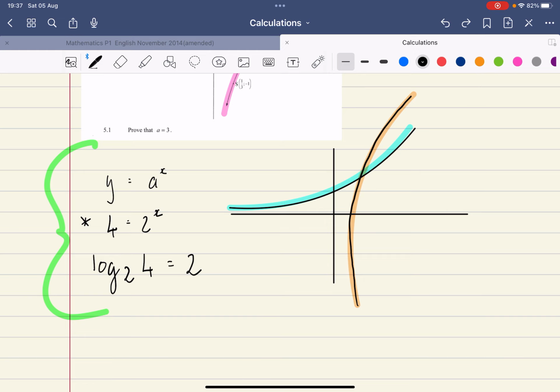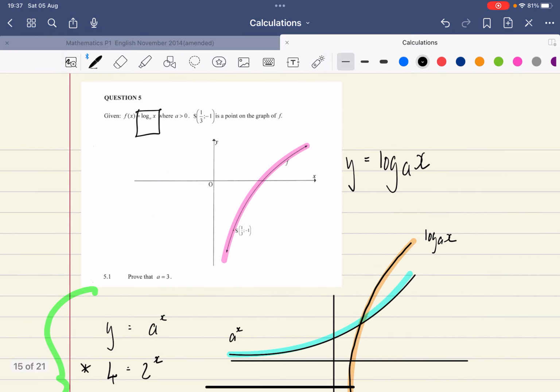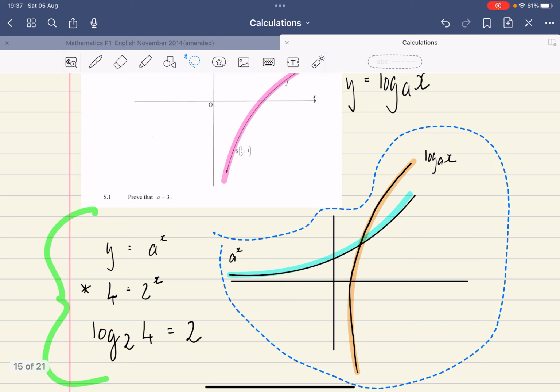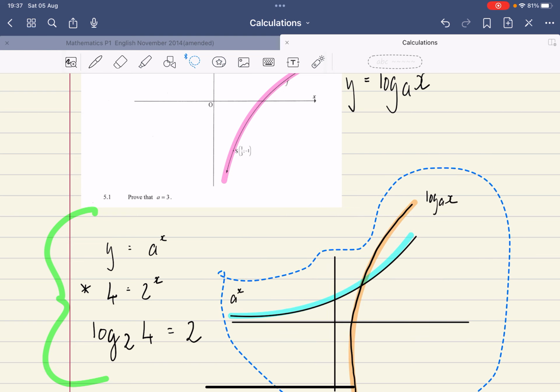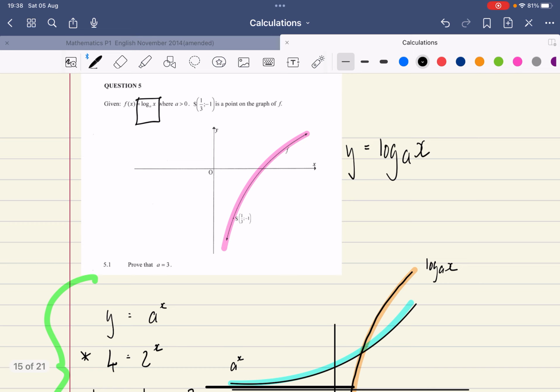So this would be, for example, log of the base and x, and this would, for example, be a with our exponential x. Okay, but with that little bit of information, let's continue to solve this. Now, a lot of you might know what the answer is already, but I'm just trying to give all the necessary theory and background, because logs are very important.